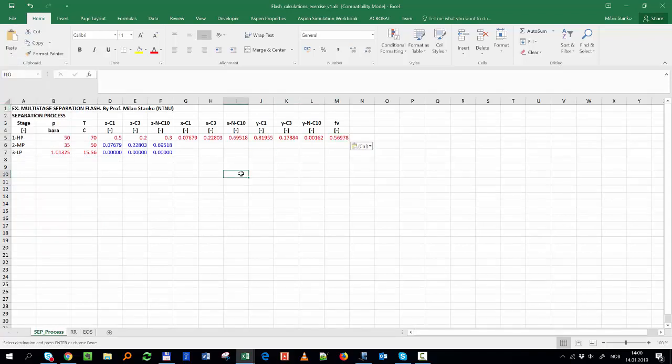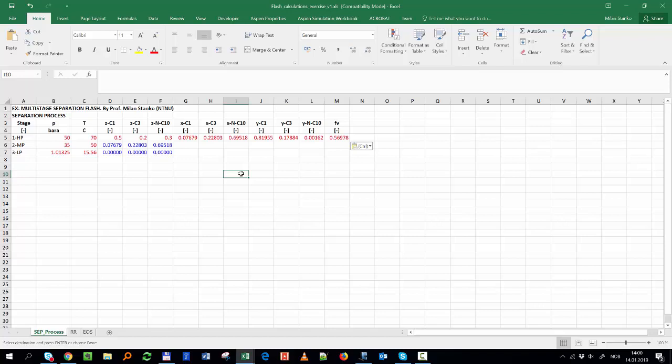At least it makes sense somehow. We have a splitting which is more or less half and half. Initially entering the separator I had about half liquid and half gas. The gas has a high content of methane and the liquid has a low content of methane and a high content of decane, which makes sense. At least that's how you make a very rough quality control.